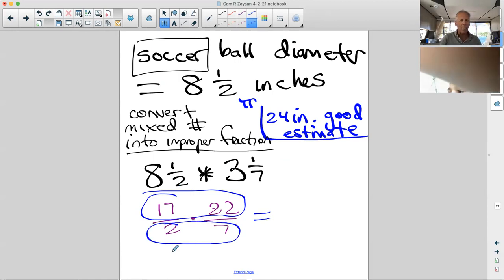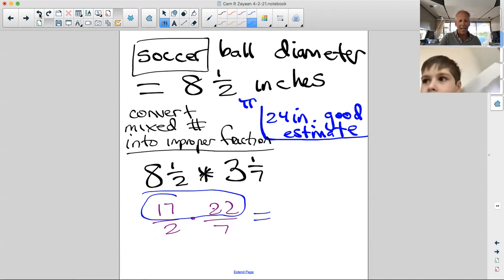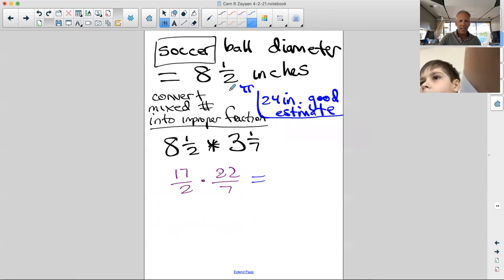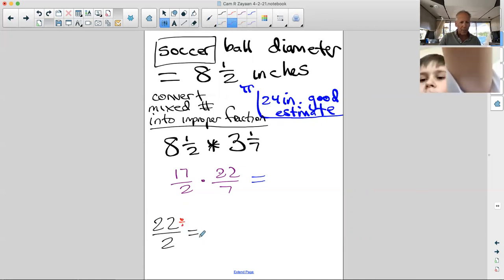But wait a minute, don't do it yet. And the reason is, can you look at 22 over 2? Can't we simplify that? Aren't those both even numbers?